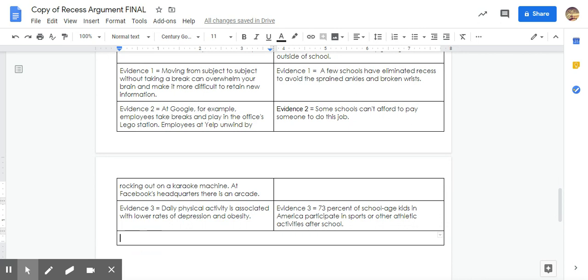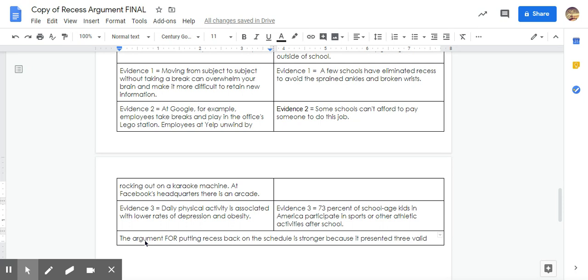So at the bottom here, I'm going to say the argument for putting recess back on the schedule is stronger because it presented 3 valid. If you don't know what valid means, valid just means if something's valid, it's good, it's solid, you can trust it.